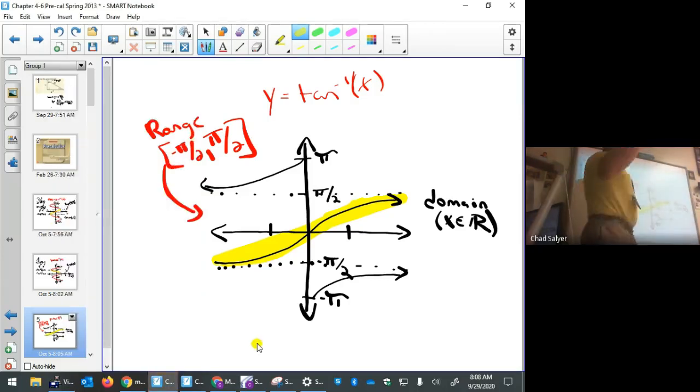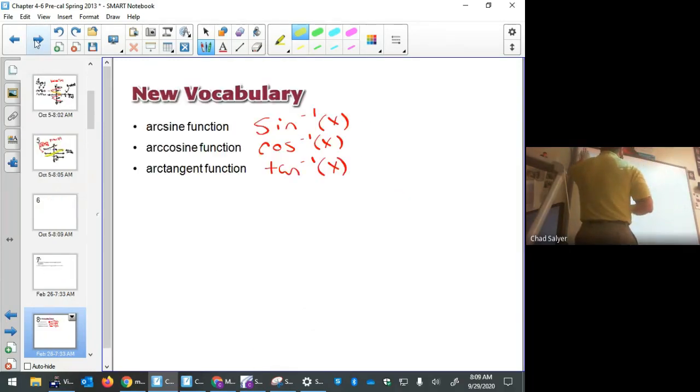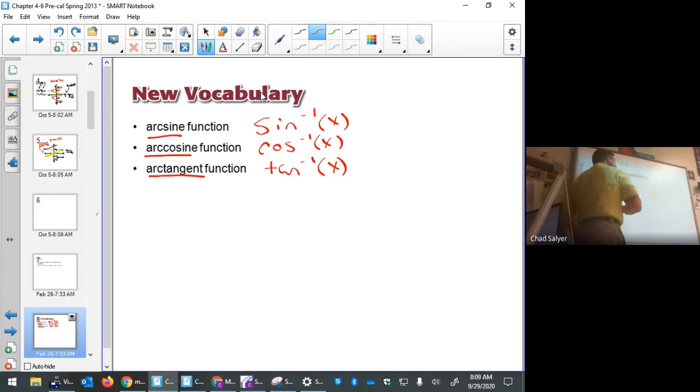Okay, so those are all the trig inverse functions. Questions about those? All right, let's get through these examples. Arcsine, arccos, and arctan is just another way to say these inverses. So this was the old way, and to be honest, the better way to describe trig inverse functions. The reason why I don't like this is because it makes you think it's to the -1 power.